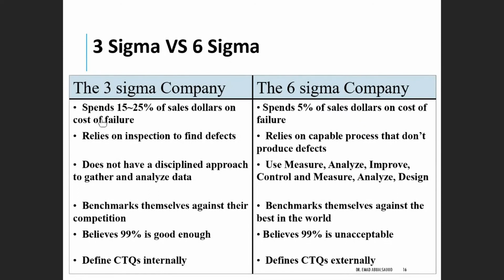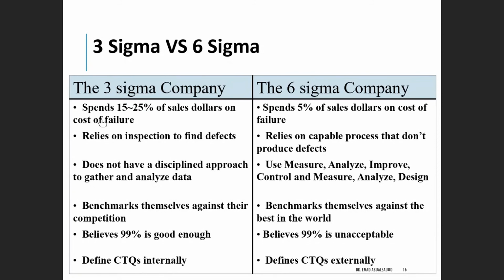When we talk about failure, it doesn't mean only defective products. We can talk also about internal cost, prevention cost, and there are sessions explaining the difference between these types of costs in the quality control course.